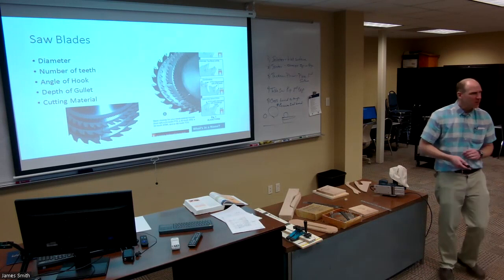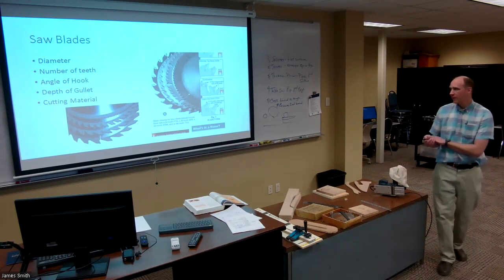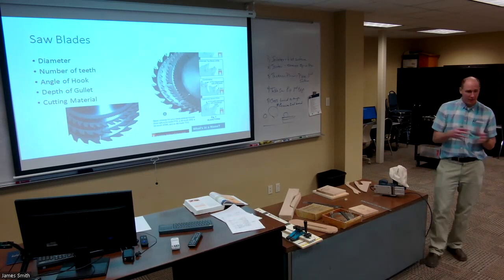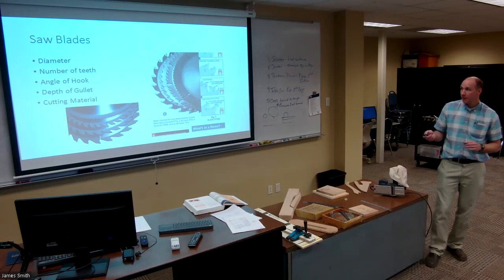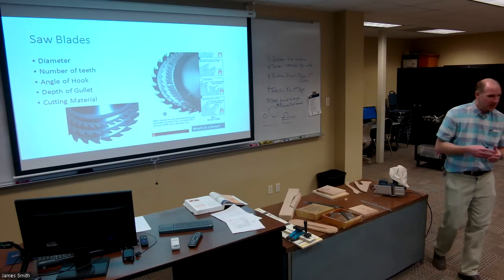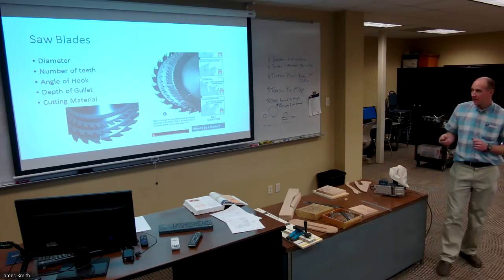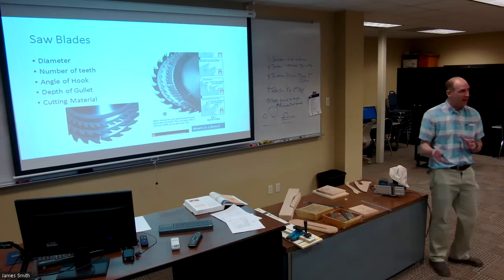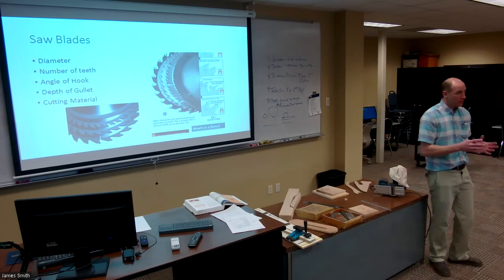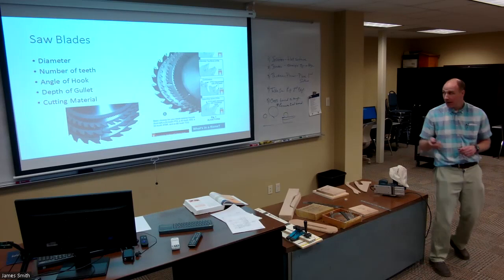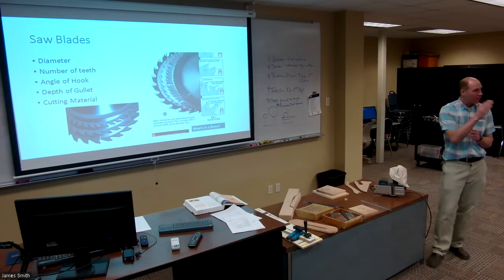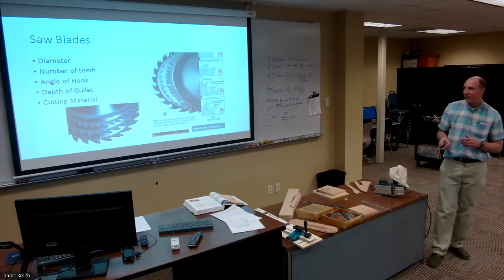We talked a little bit about saw blades last week. Remember, saw blades are specified by diameter, arbor hole size, and the number of teeth. You can also buy blades designed for plastics. The big difference between plastic blades and, say, a trim or fine tooth saw blade is the hooking, which has to do with the rake angle.